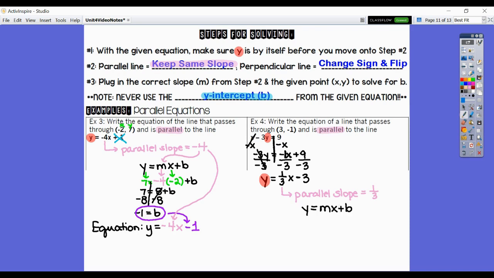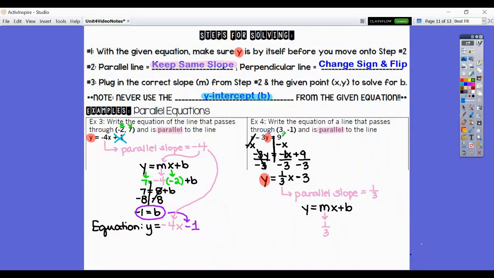That's my slope. I will then plug into y equals mx plus b with the point I was given. This is step number 3 now, if we're following the steps above. For the m, I plug in my slope of 1/3. Into the x goes 3 because that's the x value of our point given. Into the y goes a -1 because that's the y value that was given. And then we have plus b.